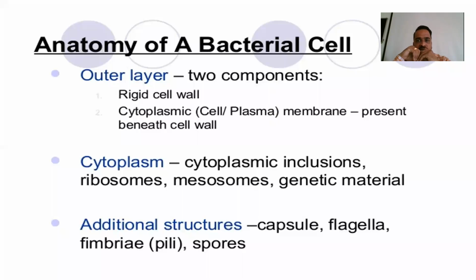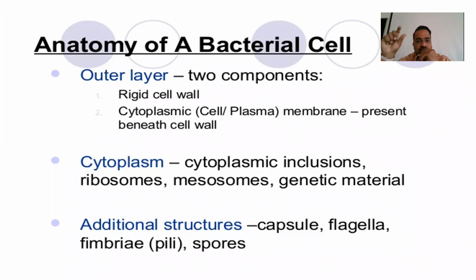That is the outer layer covering. Then what is the cytoplasm, and what are the inclusions present in it? Cytoplasm is present inside the cell, and the inclusions here are the ribosomes, mesosomes and genetic material. In detail we will see the individual functions of these things.